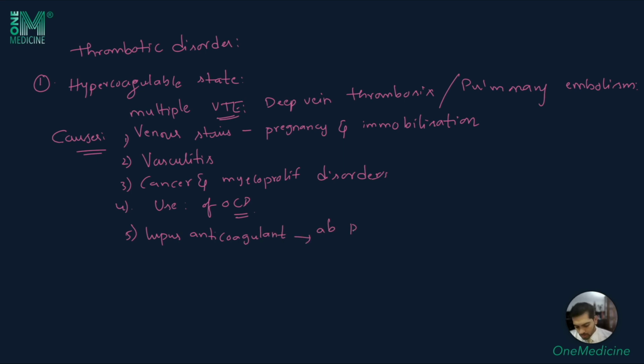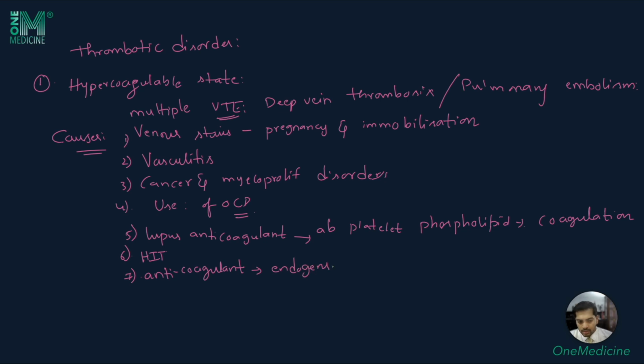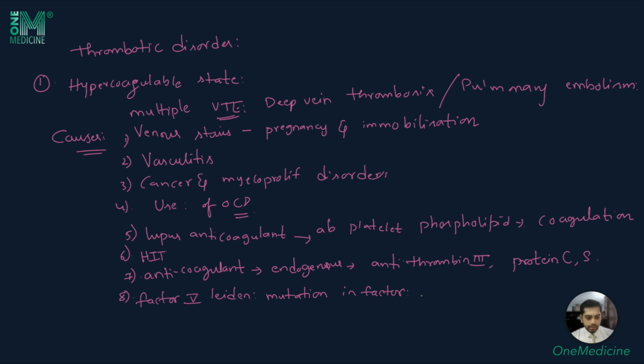lupus anticoagulant, where there is an antibody to platelet phospholipid which stimulates coagulation, heparin induced thrombocytopenia, deficiency of endogenous anticoagulant factors including antithrombin 3, protein C and protein S, factor 5 Leiden, that is mutation in factor 5 leading to substitution of arginine in place of glutamine at 506th position.